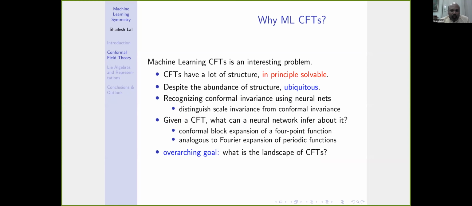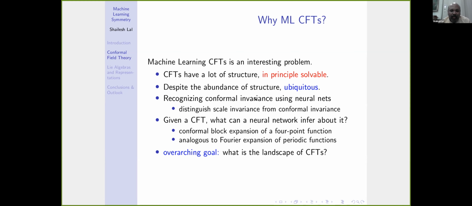We would like to machine learn them, or at least see what aspects of these theories can be machine learned. It's an interesting problem for various reasons. One reason is that they have a lot of structure.